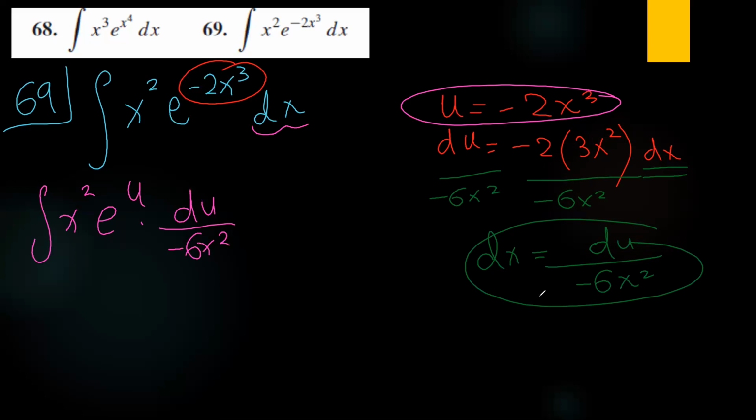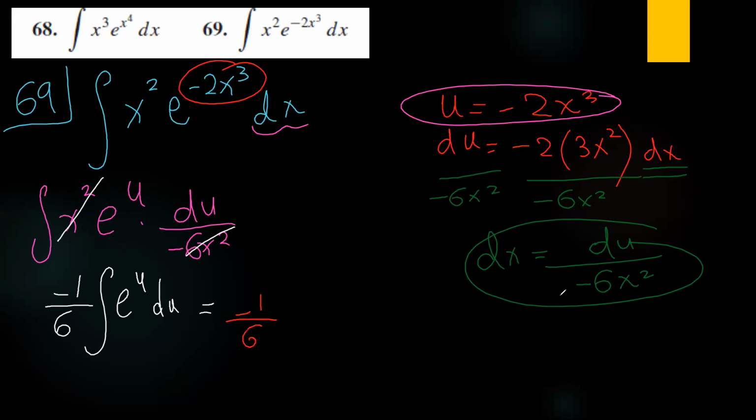Then x squared cancels x squared. So now we have it as -1/6 integration of e to the power u du. Now what is the integration of e to the power u? It is e to the power u plus c.